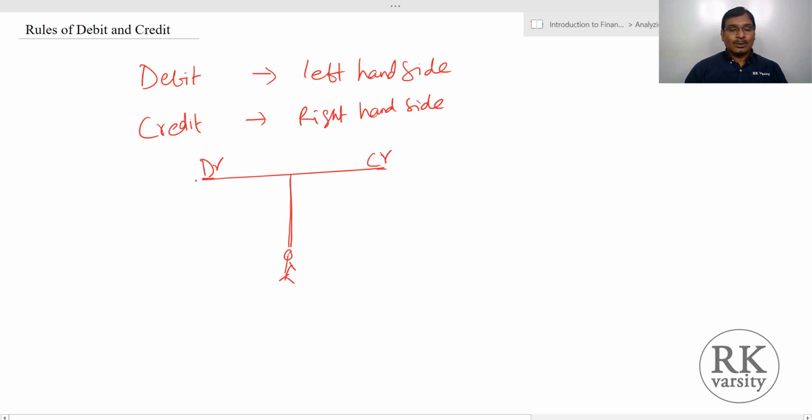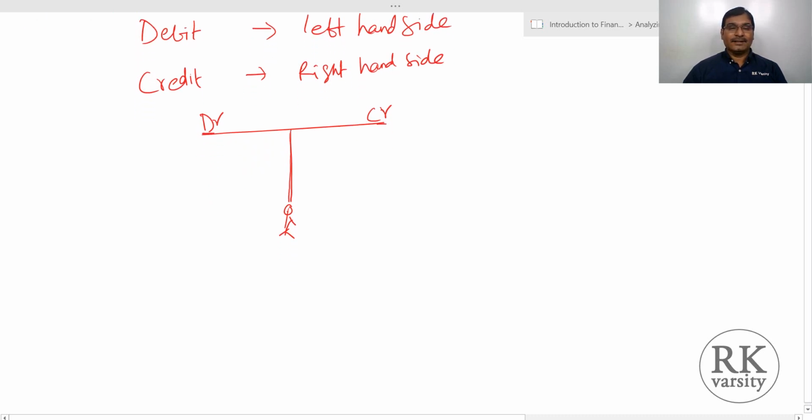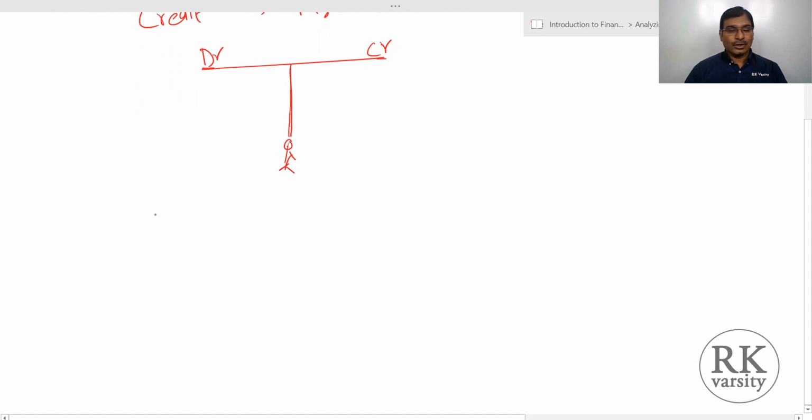Now how are we going to use this? We link the debit and credit with three different classifications of accounts or items that we have. One is assets, then you have liabilities.